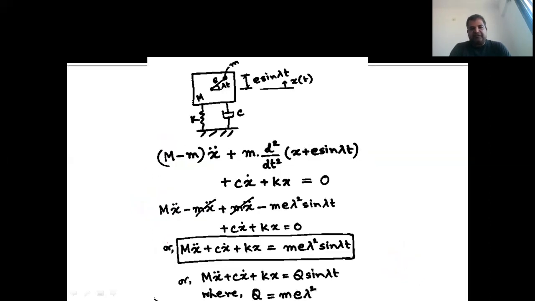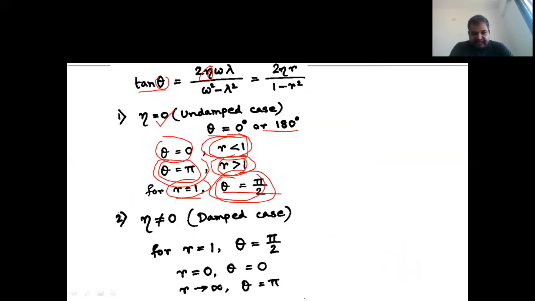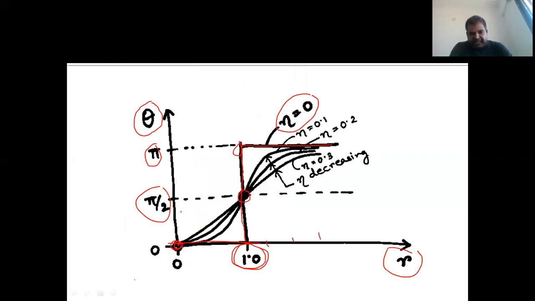Similarly, if I take eta which is non-zero, I will take different values of eta, and in the same way put r equal to 0, r equal to 1, and r equal to infinity, and see what value of theta comes. If you put in these values, you will find this particular curve, which will be like this.